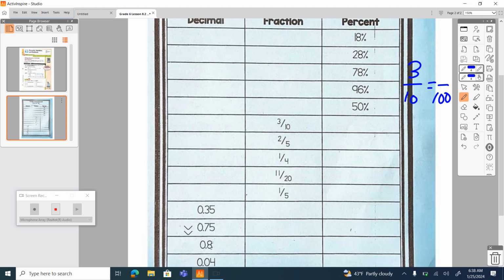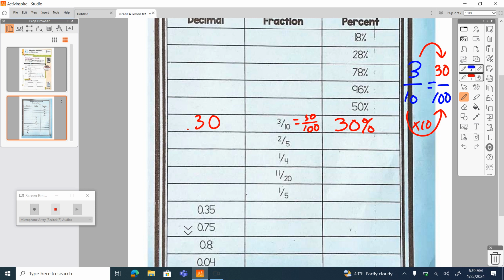Then you could do what we've done before with equivalent ratios and say 10 times what number is 100? 10. And do the same thing to the top. It's 30. So 3/10 is equivalent to 30 over 100. 30 over 100 is the same as 30%. You could also read it as 30 100ths.